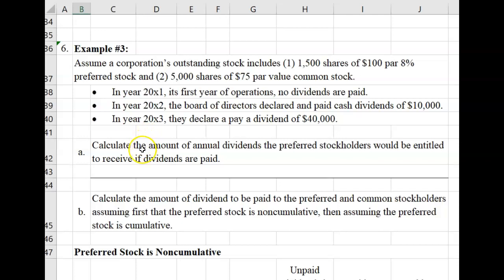First, let's calculate the amount of annual dividends the preferred stockholders would be entitled to receive if dividends are paid. $100 par value times 8% equals $8 per share times 1,500 shares equals $12,000.